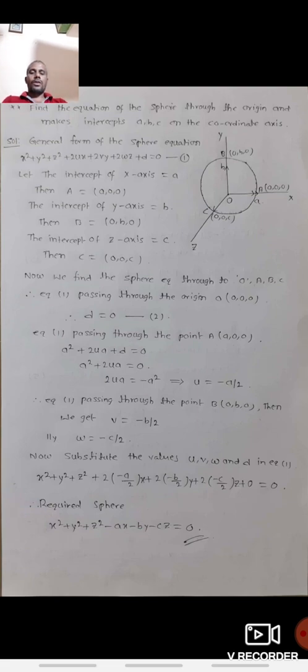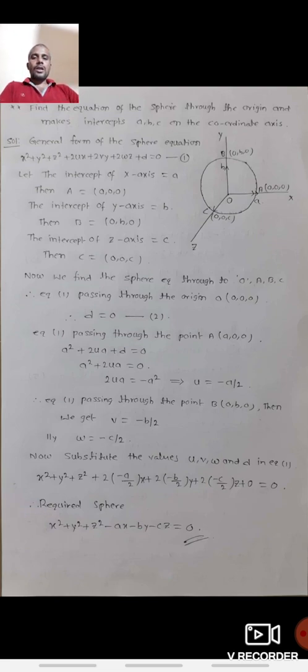Now substitute the values of u, v, w and d in equation 1: x² + y² + z² + 2(-a/2)x + 2(-b/2)y + 2(-c/2)z + 0 = 0. So the required sphere equation is x² + y² + z² - ax - by - cz = 0.